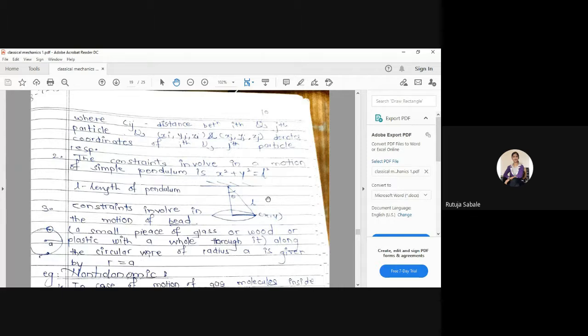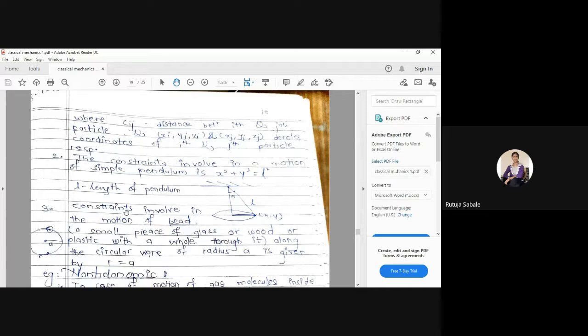This will also be homework for you: find how many ways there are to prove the Pythagoras theorem. There are more than 200 ways. I'm not saying you should study all 200, but as a mathematician you should know, because it is a very basic theorem, the first theorem we have studied anywhere. So with the help of the Pythagoras theorem, we can say x square plus y square is equal to L square.